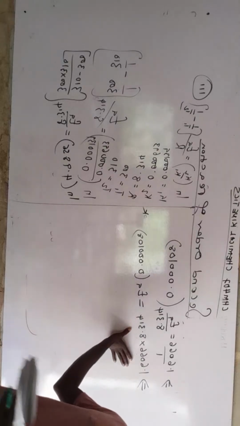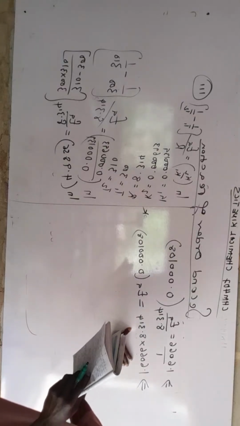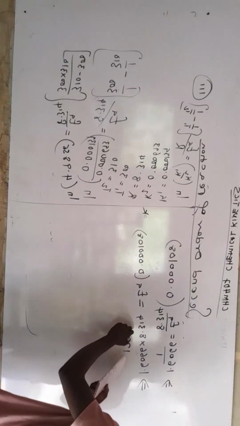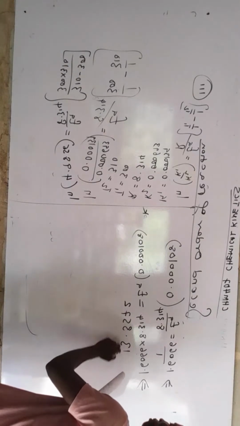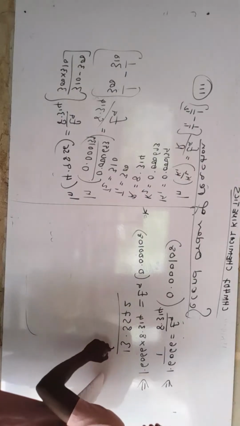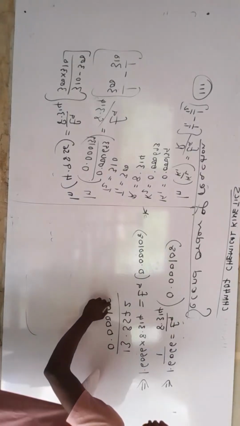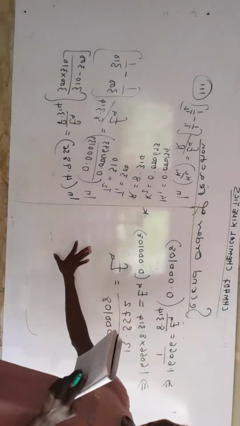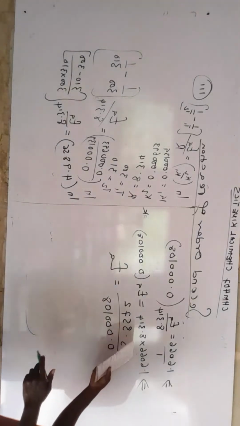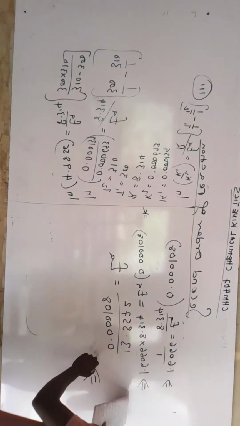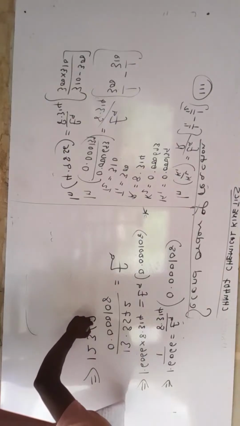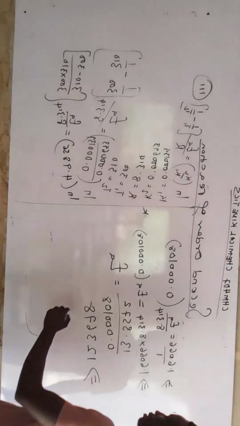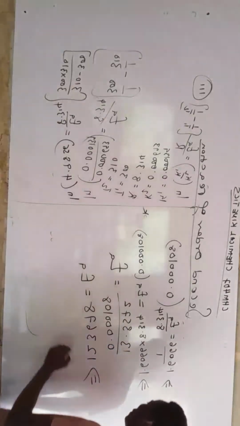Now, when you multiply everything that you have here, this will give you 13.3572, all divided by 0.000108, everything equivalent to EA. When you use this to divide this, that will eventually give you 123678. 123678 equals EA, that is the activation energy.